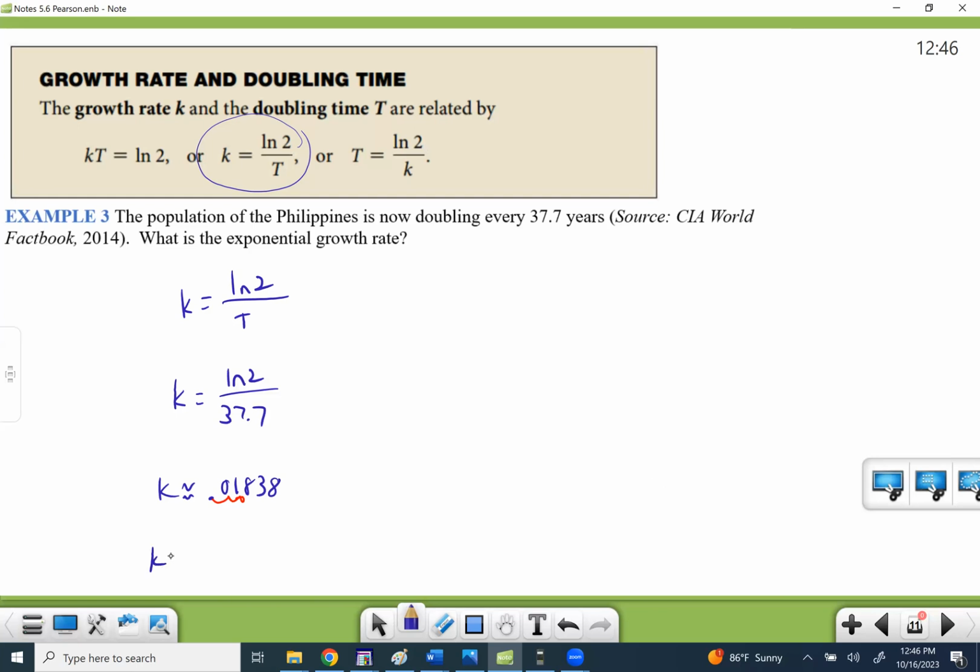So K is approximately 1 point. Now this 8 is going to round the 3 up, so 1.84% could be another way to look at it. All right. So nice and easy with these formulas, it makes it super fast.